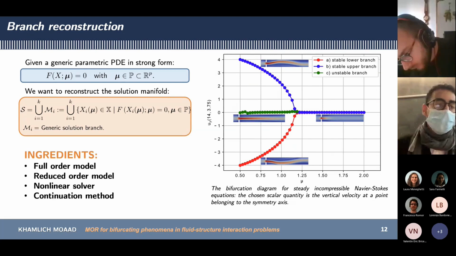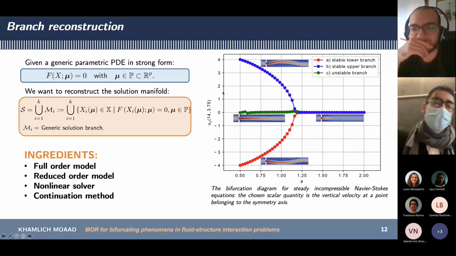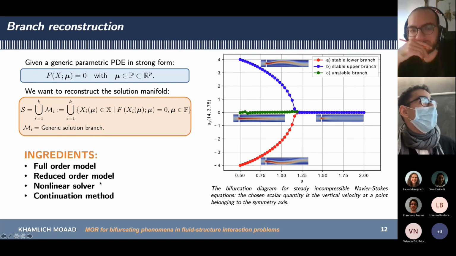And also, in this particular case, the rise of the bifurcation is strongly linked to the nonlinearity of the partial differential equation. And therefore, we will also need a nonlinear solver, which in our case will be the Newton solver, and also a discretization strategy, the continuation method, which is needed because the convergence of the Newton method depends on the initial guess.